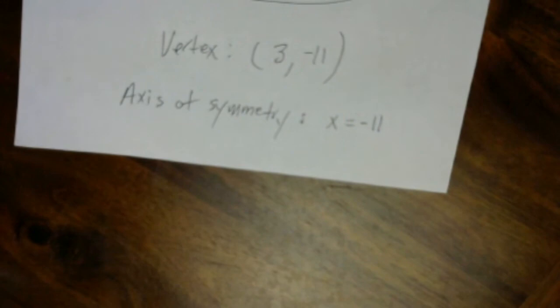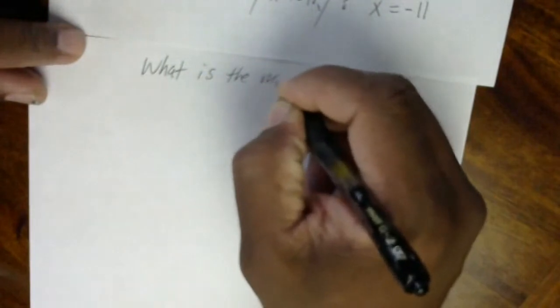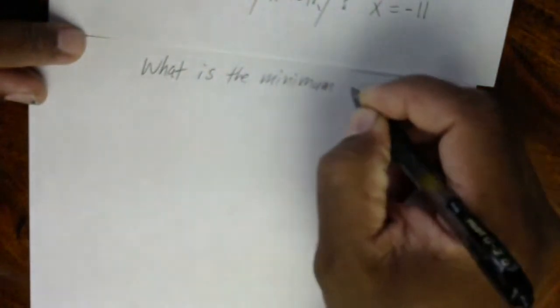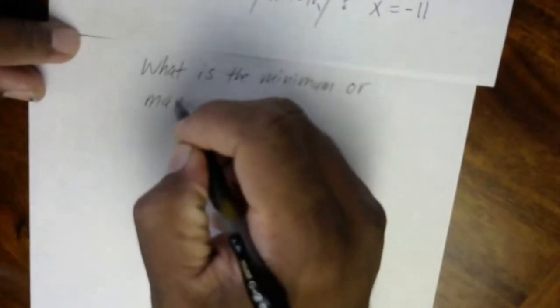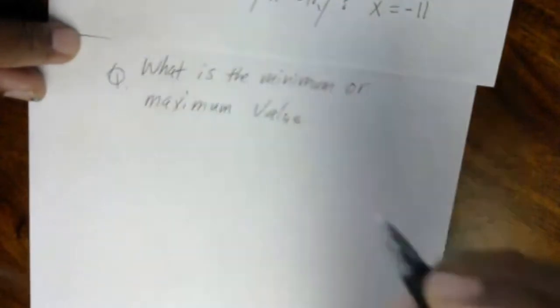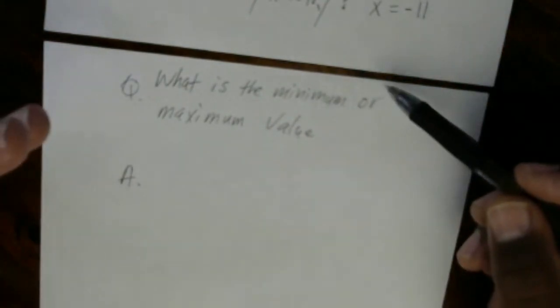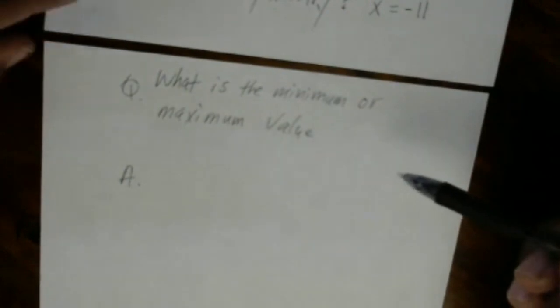So now here's the last part of this. What is the minimum or maximum value? So first of all, is it a minimum or is it a maximum, and why?